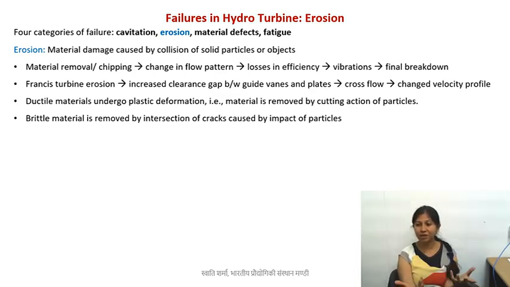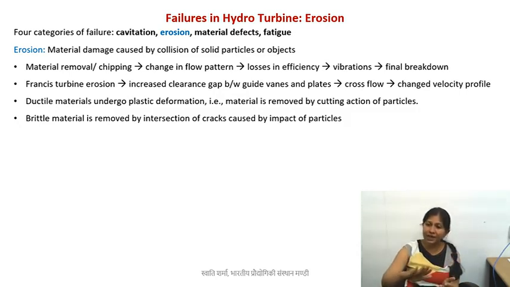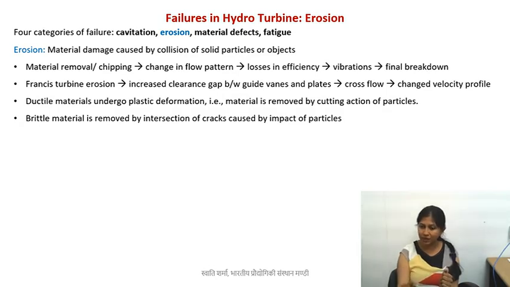It may completely shatter at once, or very small parts of the material will be removed, and over a long time, you will call it an erosion. In the case of ductile materials, however, what you have is material removal by the cutting action of the particle that is hitting.